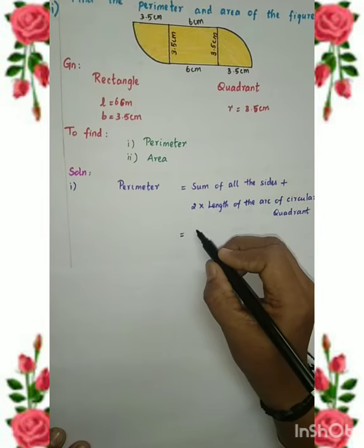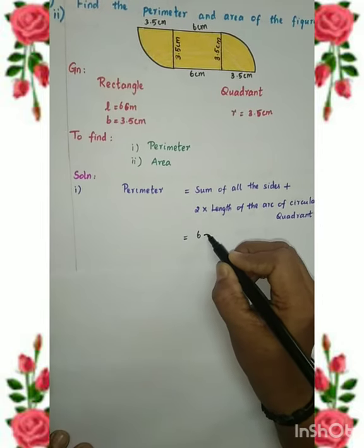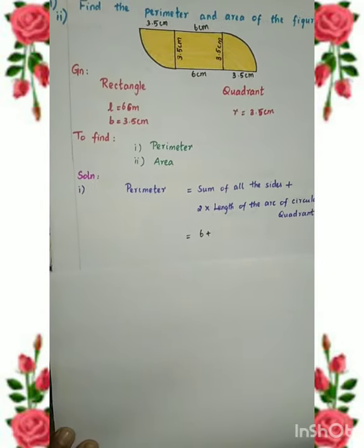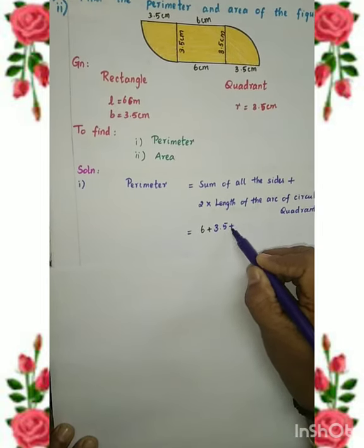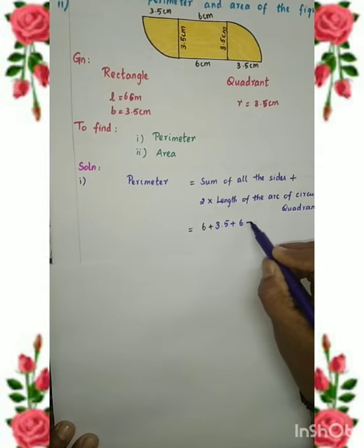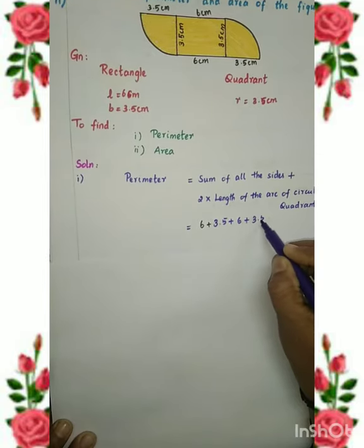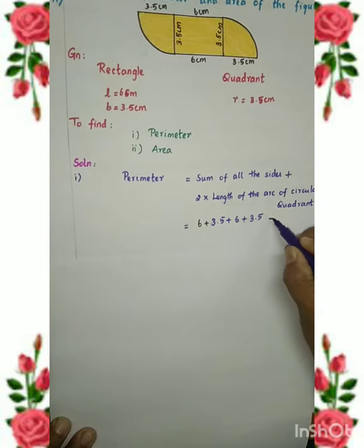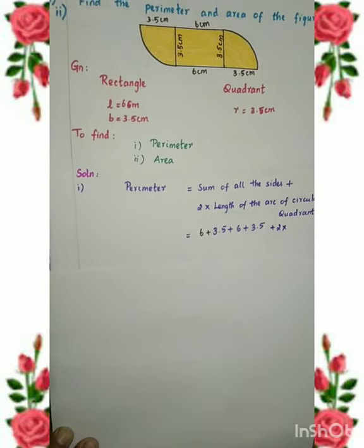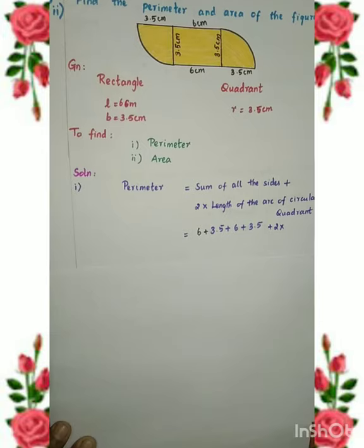That is 6 plus 3.5 plus 6 plus 3.5, then 2 into the length of the arc of a circular quadrant.